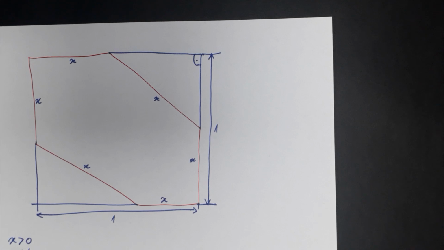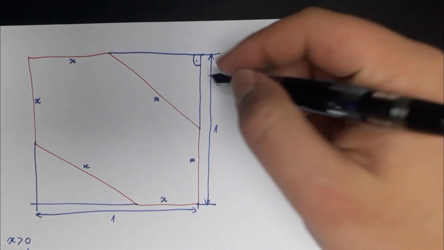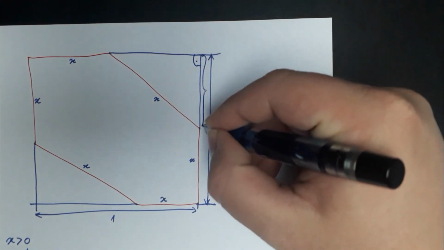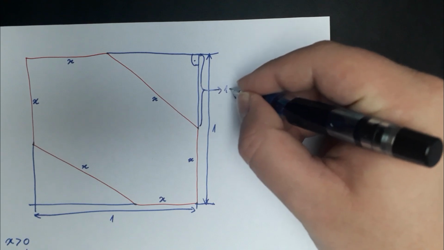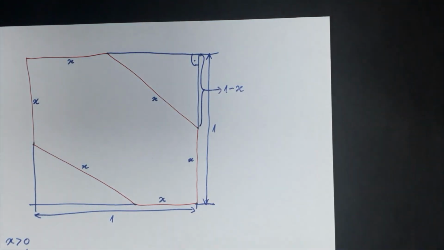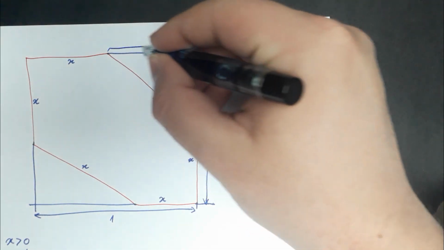We know that the side of the square has length 1, and we know that the length of the side of the hexagon lying on top of this side of the square is x. That means that the remaining part has length 1 minus x, and that is this part right here, 1 minus x. Therefore, the cathetus has length 1 minus x. The same happens for the other cathetus of this triangle.